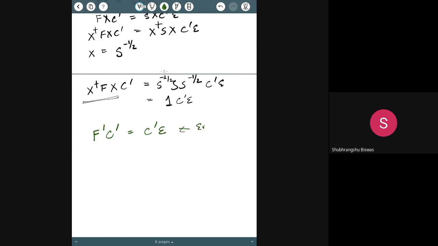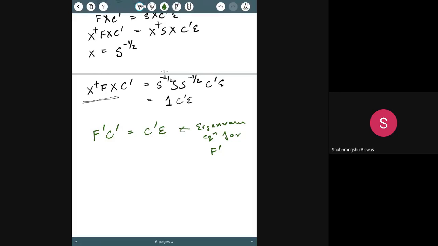This is an eigenvalue equation for F prime. So does that help me in any way?